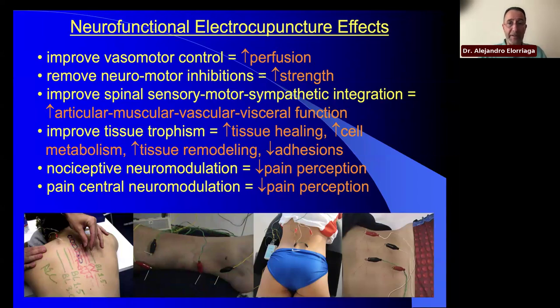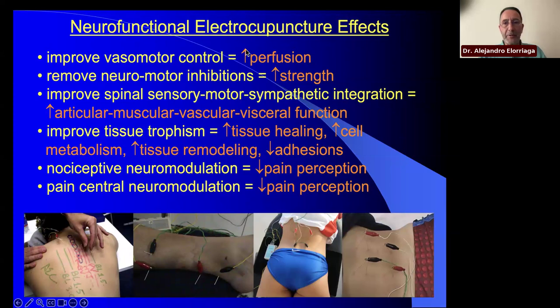So in my opinion, every time we treat, we should select what tissues we want to get better perfusion, like those rats that had the needles around the knee and demonstrated, even though they were anesthetized, improved mean arterial pressure. And it was a combination of nitric oxide release as well as autonomic reflexes. So this is all science-based.